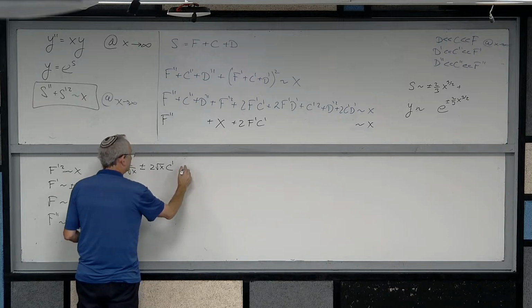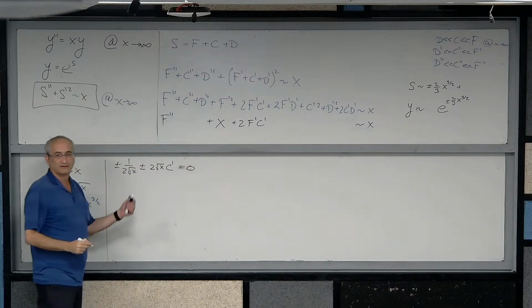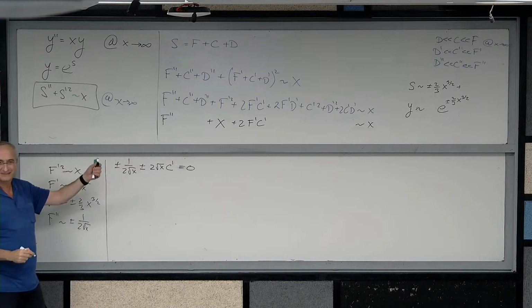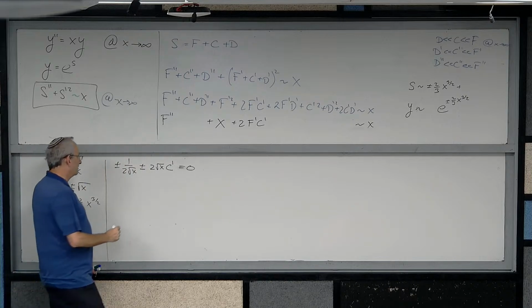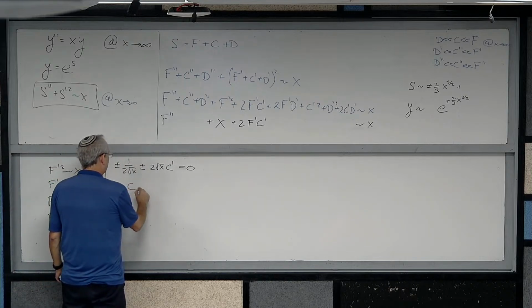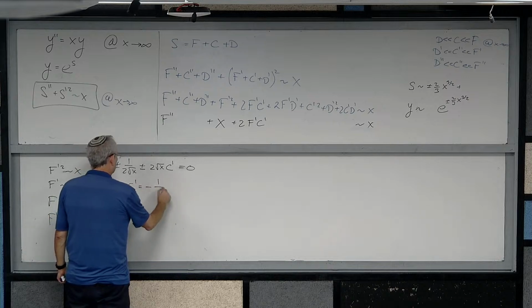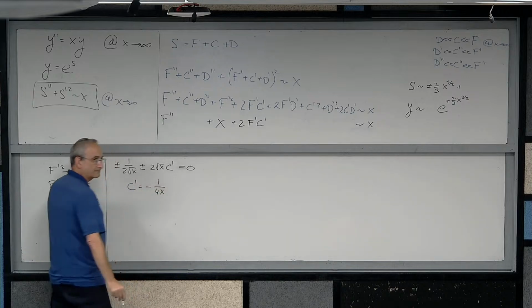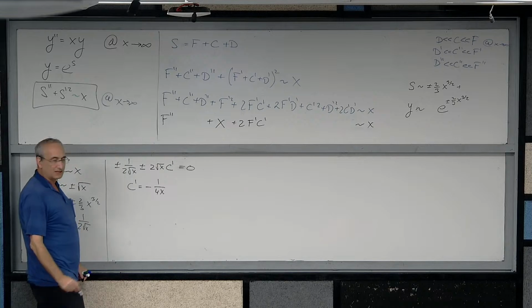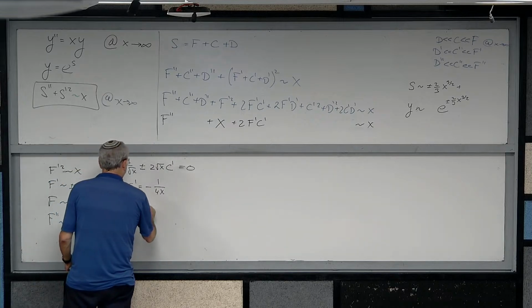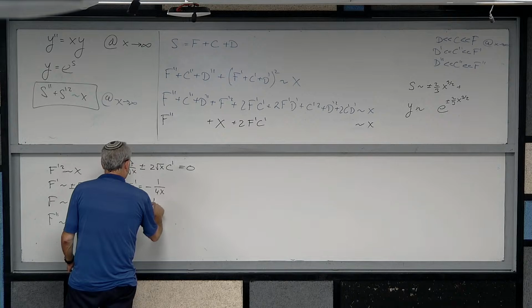I cannot write asymptotic to 0, so I will write equal to 0. I have to move it to the other side. And this implies that c prime is minus 1 over 4x, just by algebra.